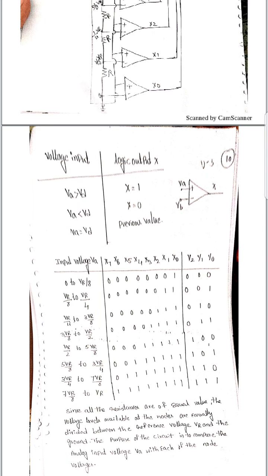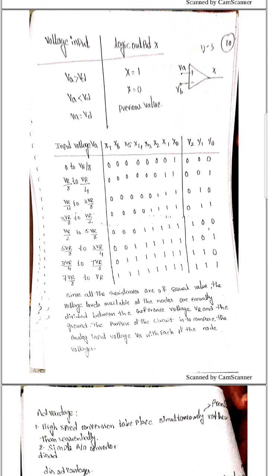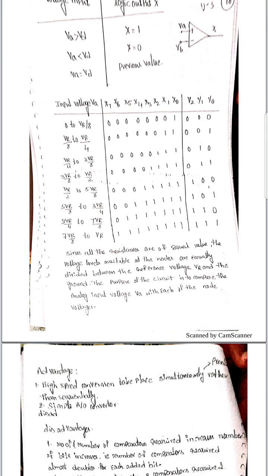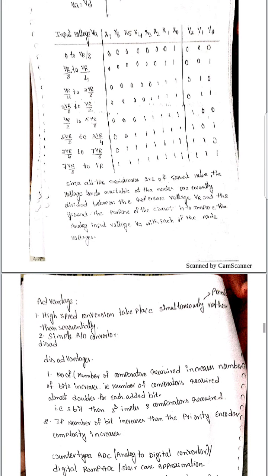This is the voltage input and logical output X. If VA is greater than VD, then X is equal to 1. If VA is less than VD, then X is equal to 0. If VA is equal to VD, we go for the previous value. First you have to check the input voltage and output voltage. For 0 to VR by 8, X is equal to 1, then the output is equal to 0, 0, 0.